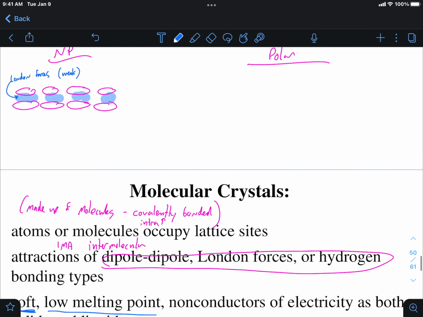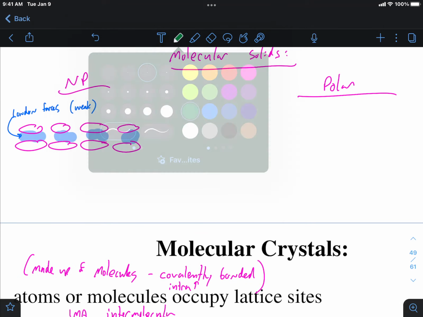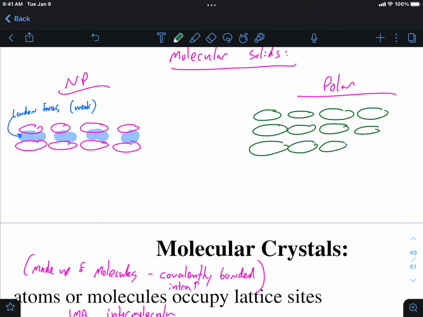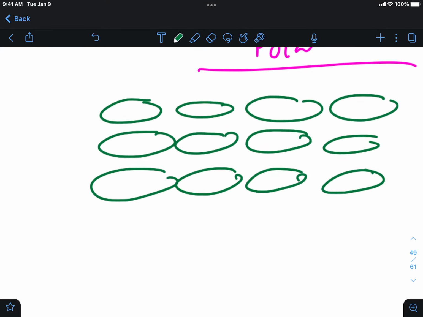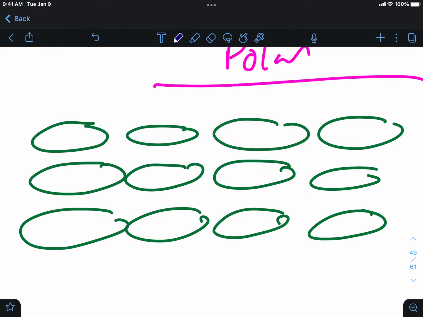Now let's go back and draw a picture of polar solids. All right, so when you have a molecular solid, when it's polar, we mean that the molecules have asymmetrical electron distribution. And this is where we use delta negative, delta positive.